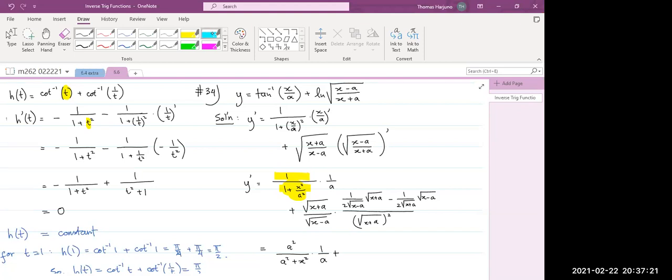Let me simplify this. So I will multiply by the LCD.